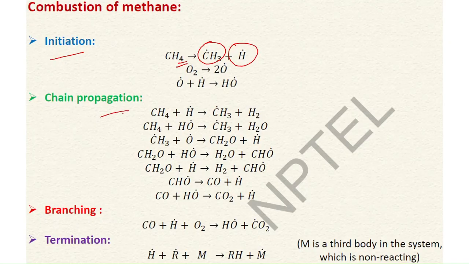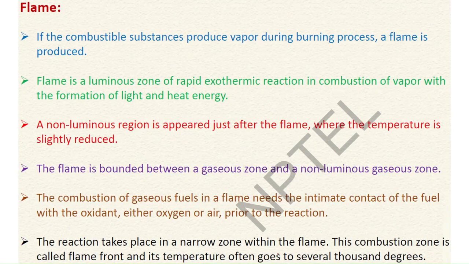So chain propagation takes place. Further, sometimes branching also takes place by addition of two different radicals or some unreactive component, as here carbon monoxide and oxygen are taken along with the radical. In the termination steps, two radicals along with a non-reactive species may react to give a stable compound along with the radical.